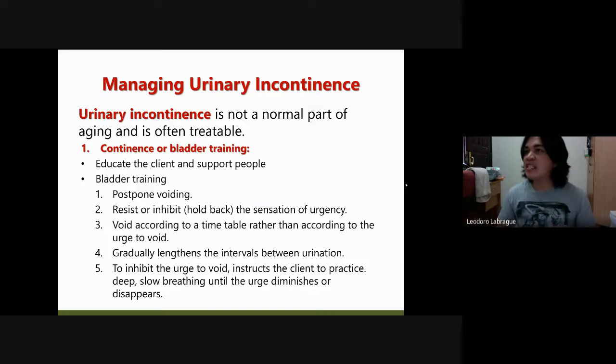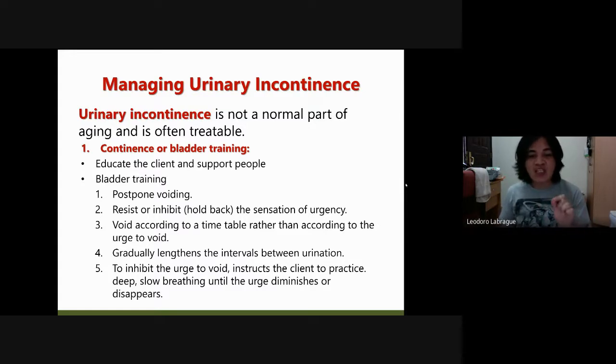We will say 3 hours. And if the patient is able to control that, you lengthen it to every 4 hours until the patient is able to totally control the bladder, until such time that incontinence is no longer a problem.